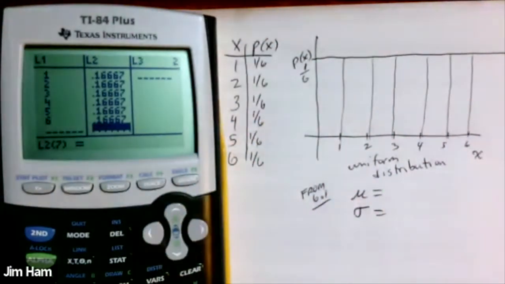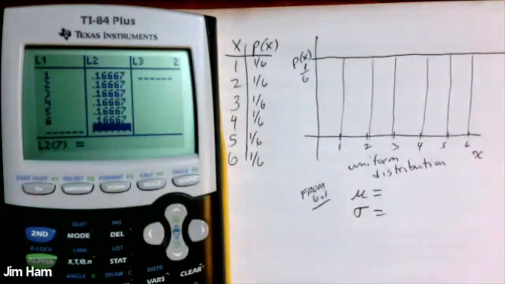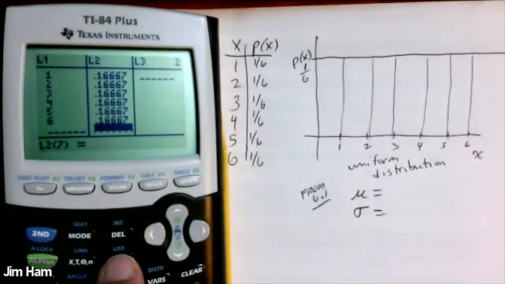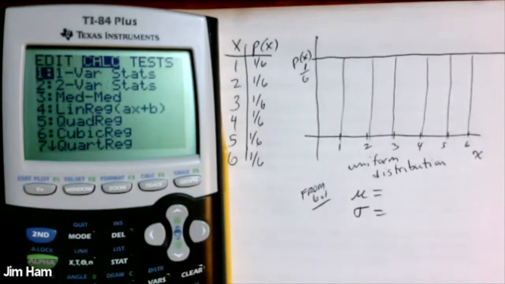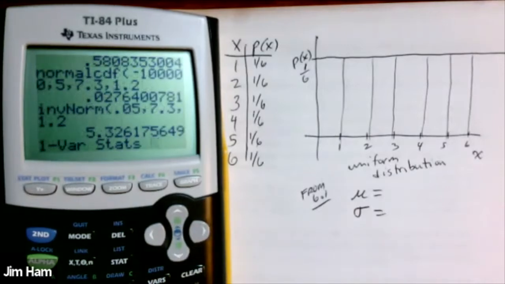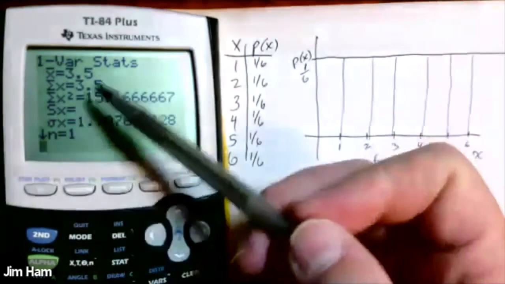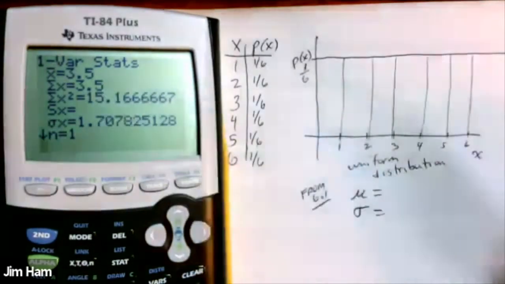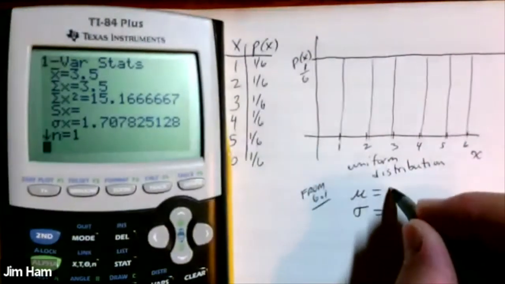And then to calculate the mean and the standard deviation of this probability model, here's what we would need to do. Stat, calculate. Hopefully you've done this 30 or 40 times in your homework. L1, L2, and there it is. So the x bar, that's just the notation it gives, but that would be the mean.